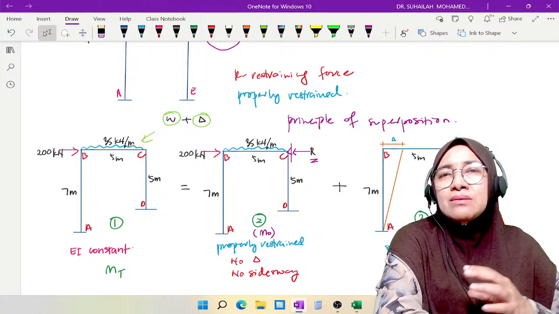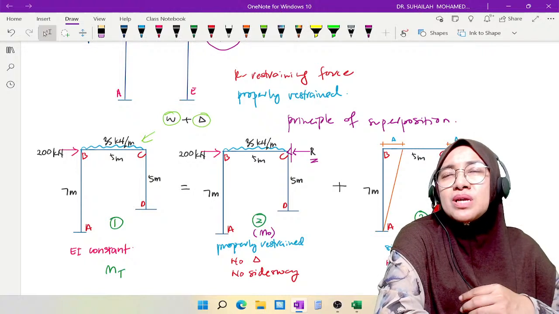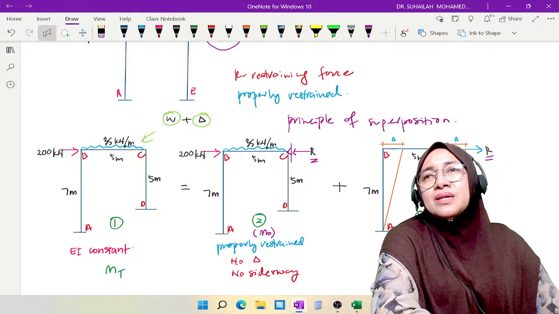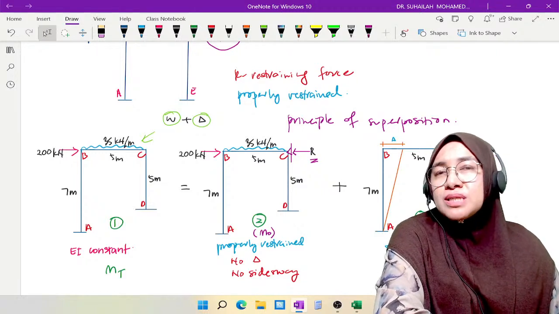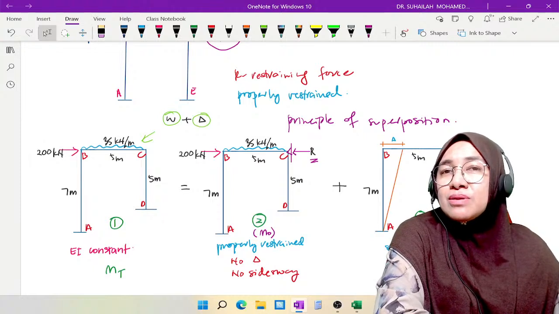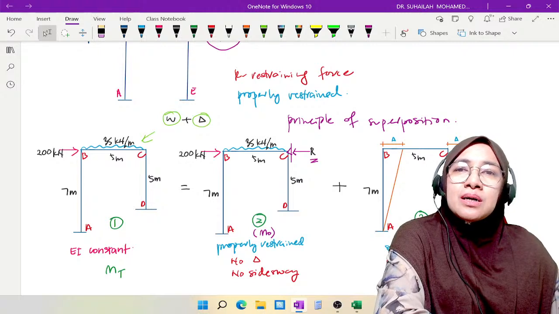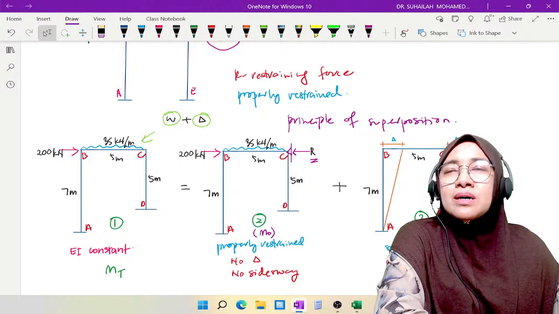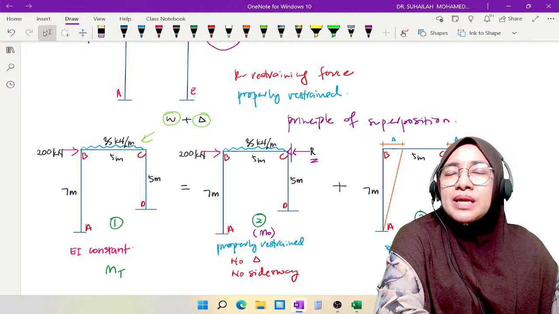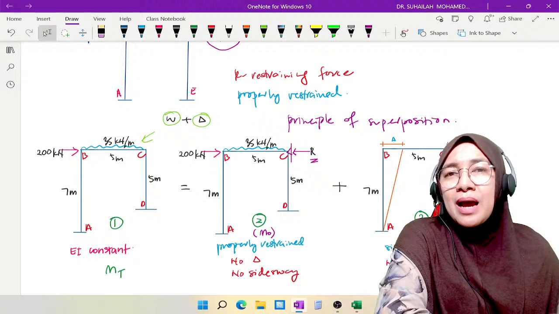What happens in table number 2 is we analyze a frame which is proportional with the real side sway frame. So we interpolate the value. We derive one equation relating M, R, M prime and R prime.